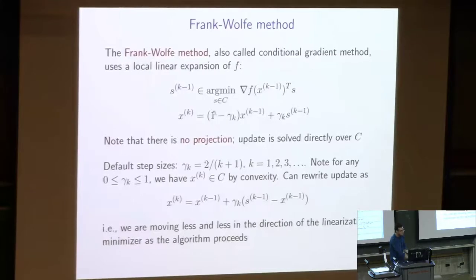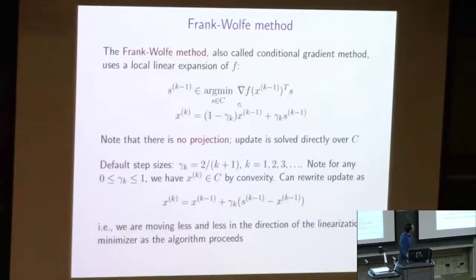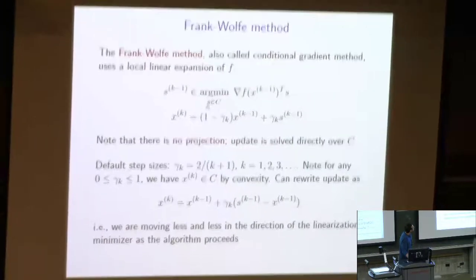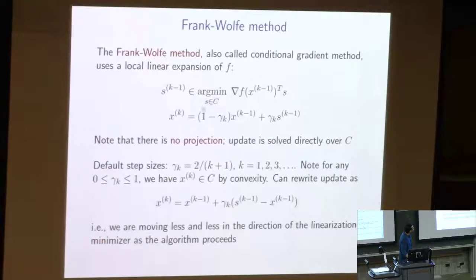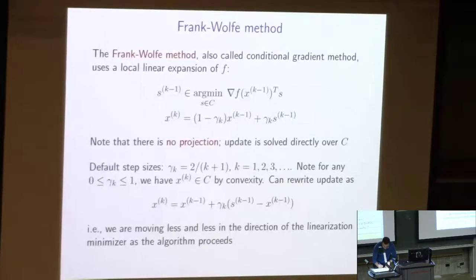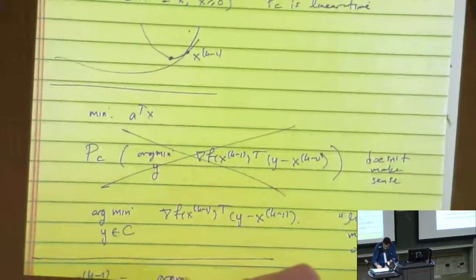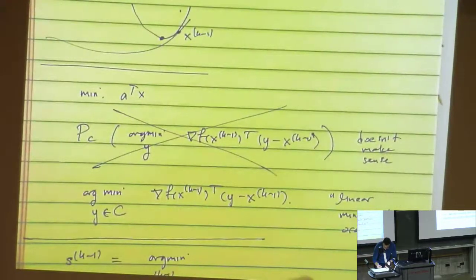So we first define S. Okay, sorry, this is another typo on the slide. We're going to say s_k is equal to the argmin over all points such that x_{k-1} plus s is in our constraint set.